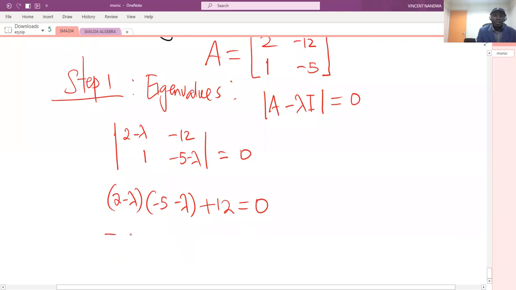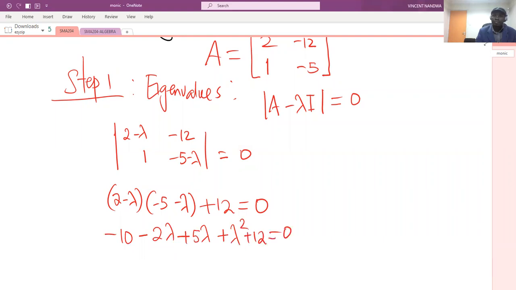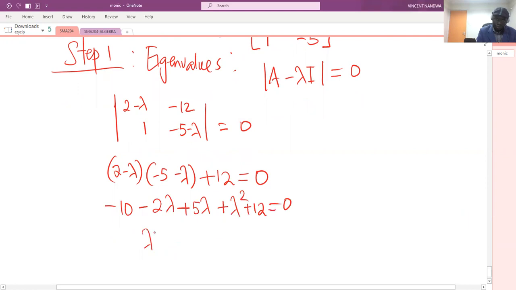So we'll have minus 10, and then minus 2 lambda, and then plus 5 lambda, and then plus lambda squared, plus 12 equals 0. So this will be lambda squared plus 3 lambda plus 2 equals 0.